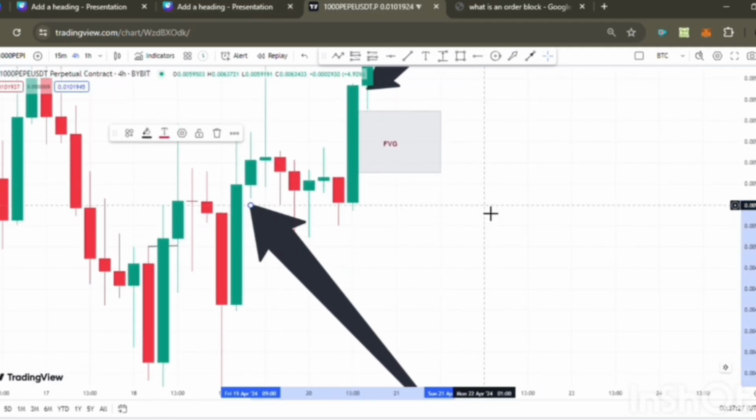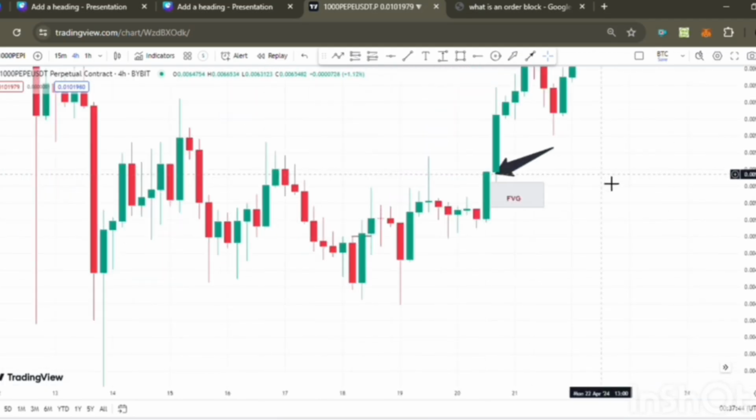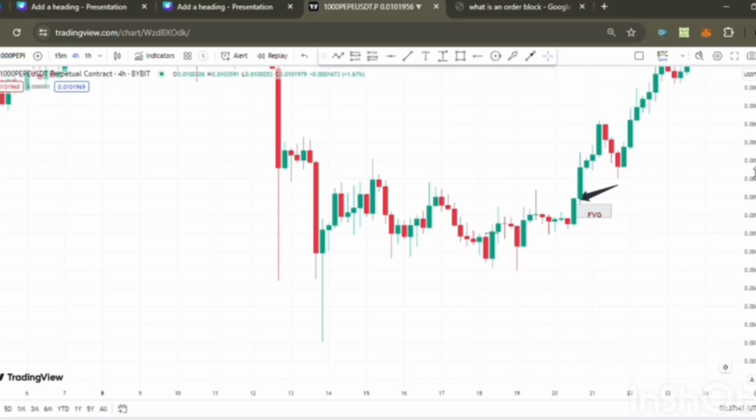Another rule is that an order block must lead to a break of structure or change of character. Very, very important. Now let me show you. Whenever an order block is formed to the upside, it must lead to a break of structure or change of character.